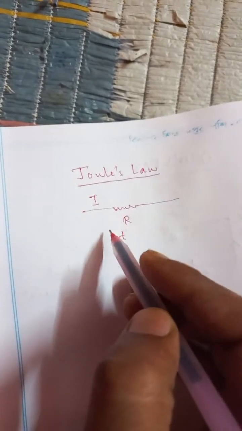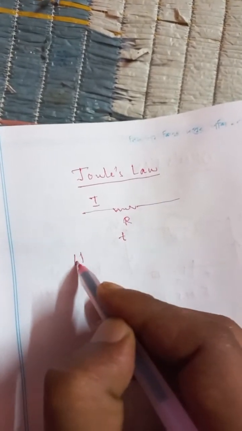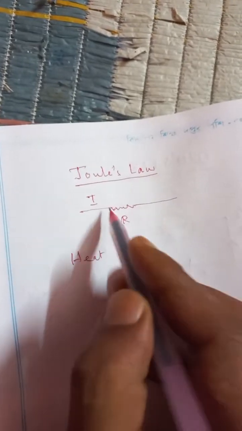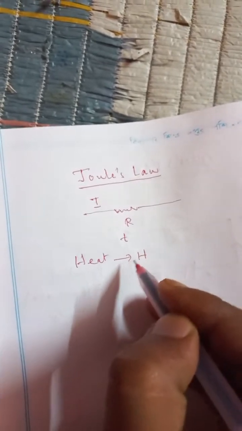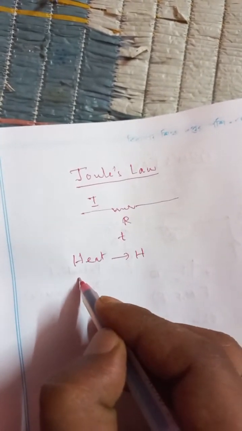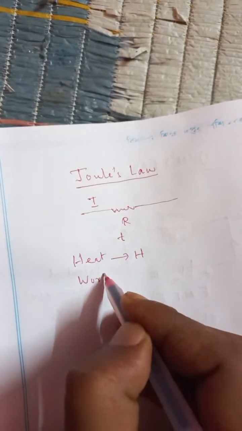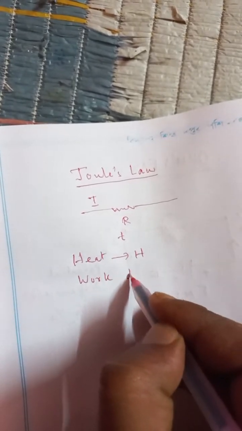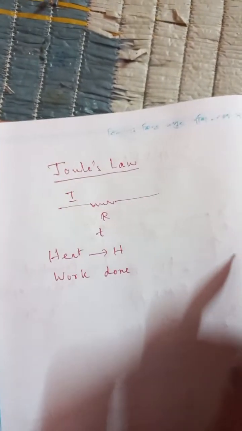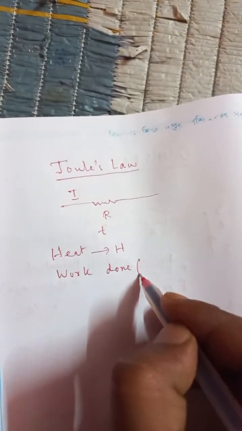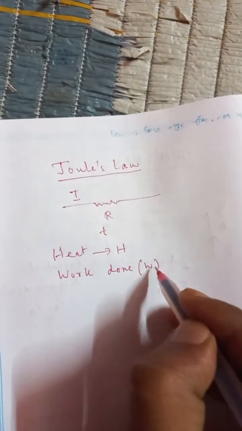So this amount of heat which is produced for running a current in a resistance, if this is H, and the work done for this is W.